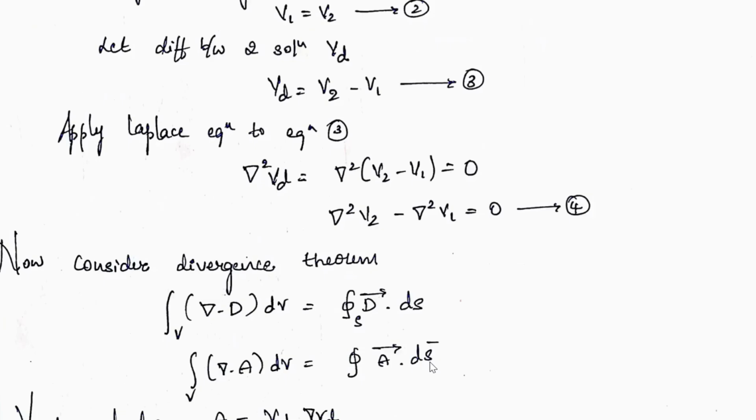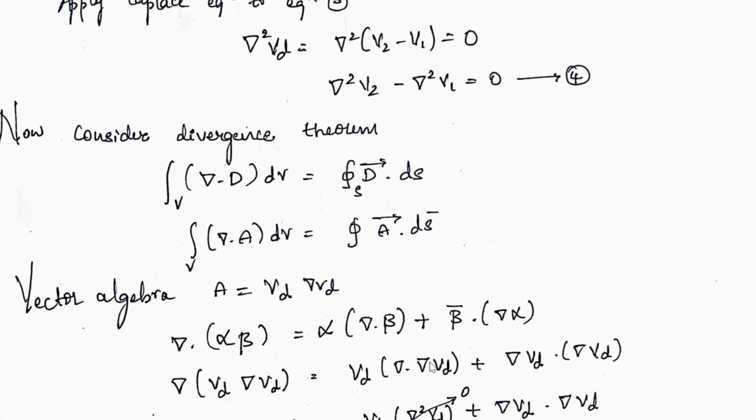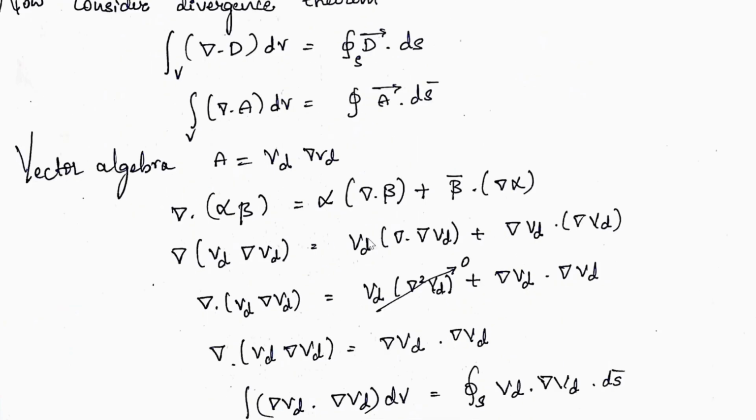Now consider the divergence theorem. That is, volume integral of del dot D into dv is equal to surface integral of D vector dot ds. Change it to vector algebra. From the vector identity, del dot of Vd into del Vd is Vd into del square Vd plus del Vd dot del Vd.